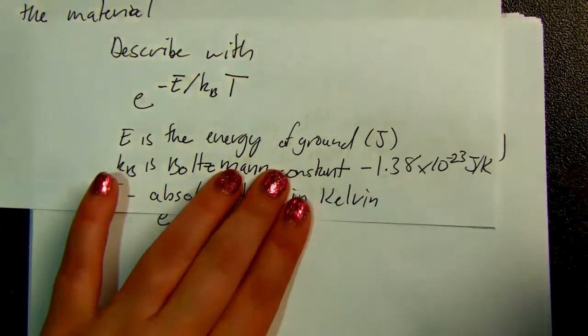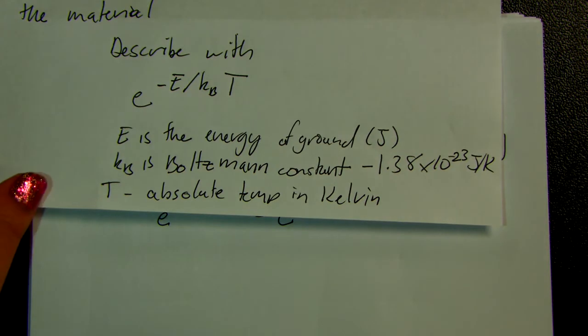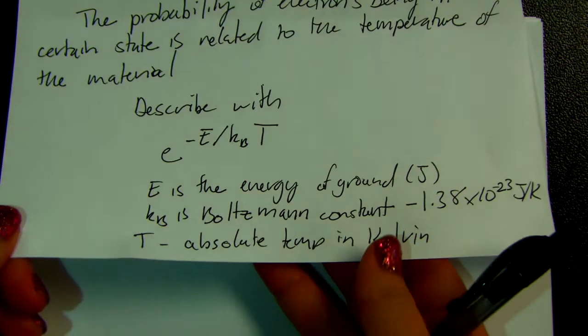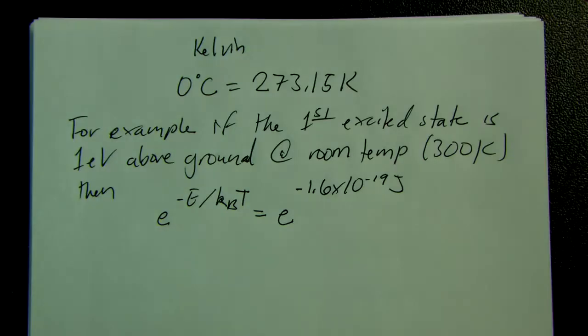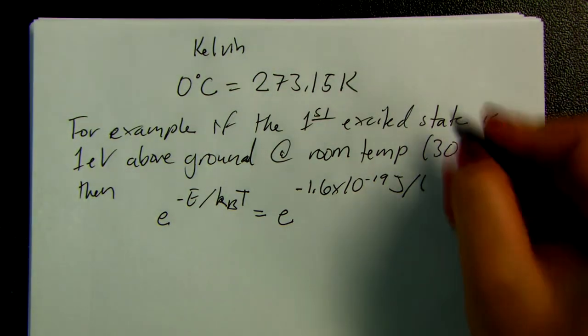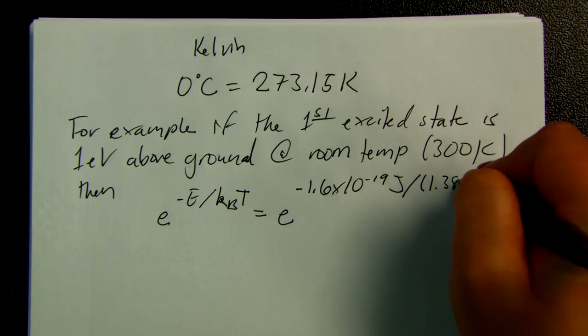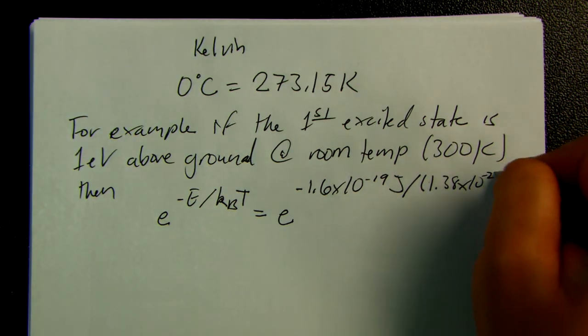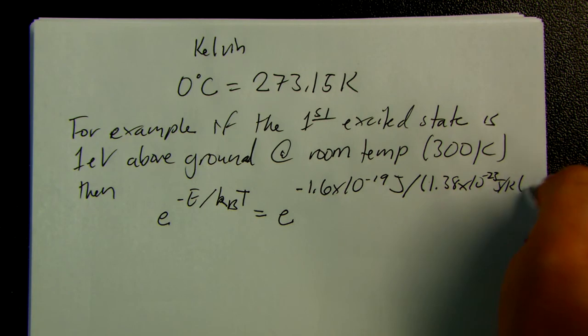There is an expression of the Boltzmann constant in electron volts, and you will see this if you take a Physics 3 or modern physics class. Divided by 1.38 times 10 to the minus 23 joules per Kelvin times 300 Kelvin.